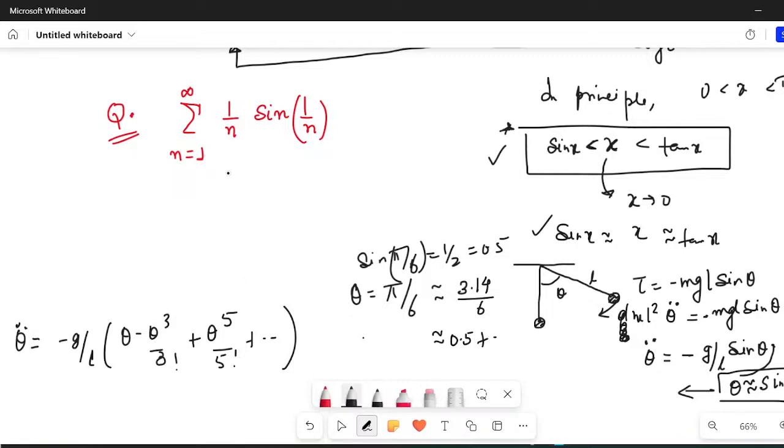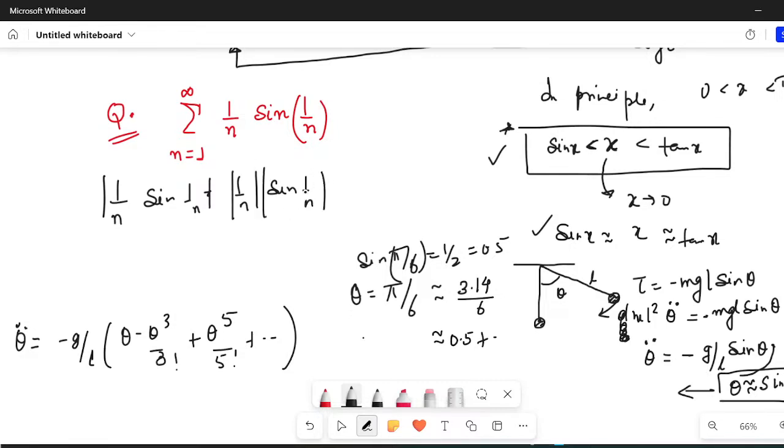Now apply the same thing here. I'll take a mod of it. If I take a mod of it, this will be equal to 1 by n mod sine 1 by n mod, and n is already positive.